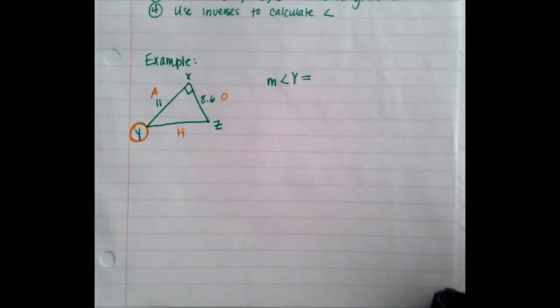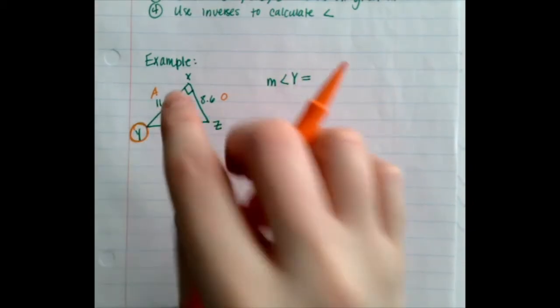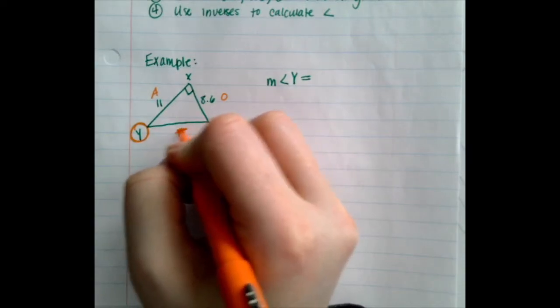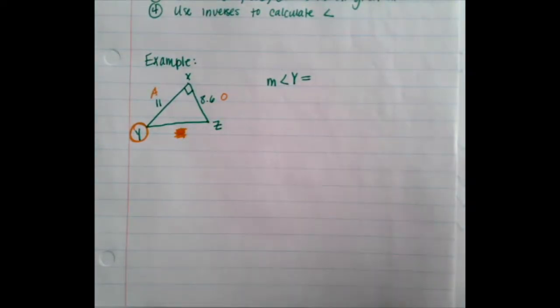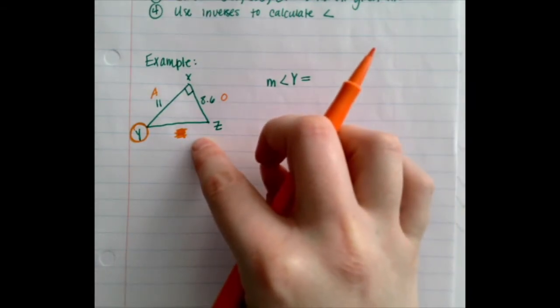Now we need to figure out what information we are given. You can see we're given O and we're given A, but we are not given H. Sometimes, if I'm not given a letter, I'll scribble it out, or I won't even write it in the first place, because I can't do anything involving an H if I don't have a number.